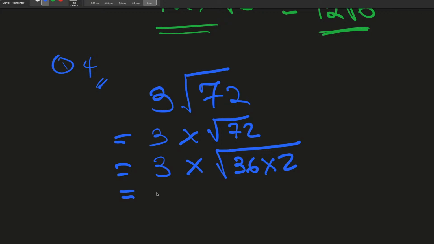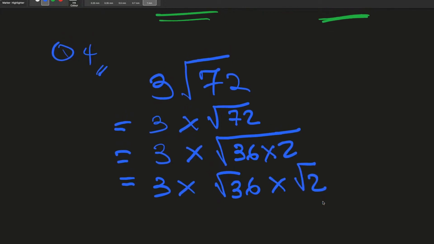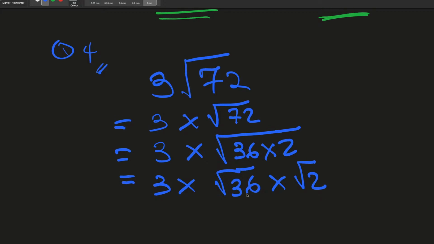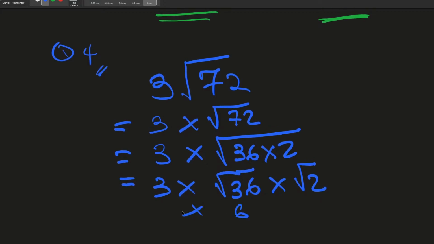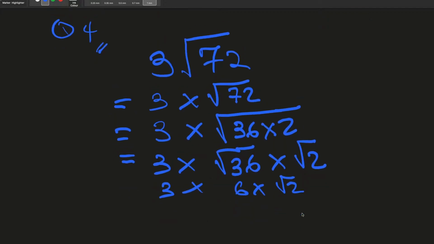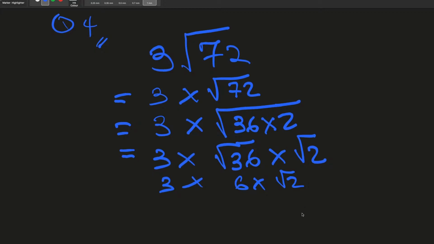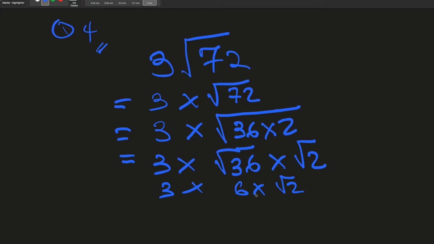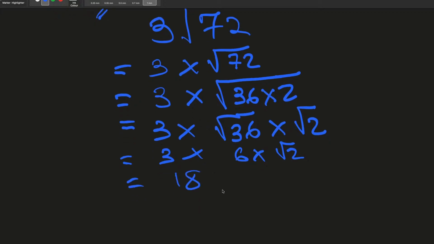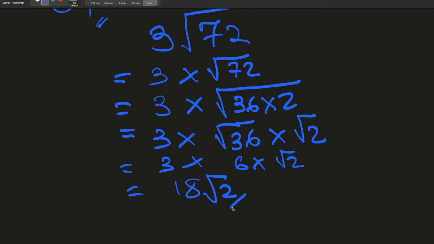So we have 3 times 6 times the square root of 2. What do we get? 3 times 6 is 18. 18 root 2 is our final answer.